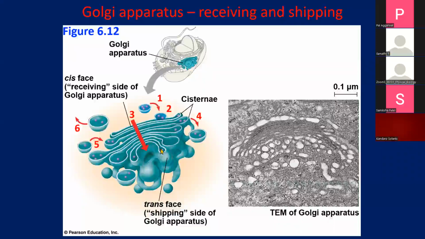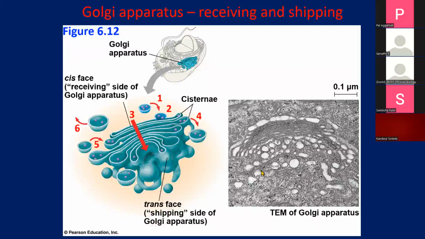The molecule fits within that pocket, and after maturation, vesicles form with proteins or other things to be transported across the cell.